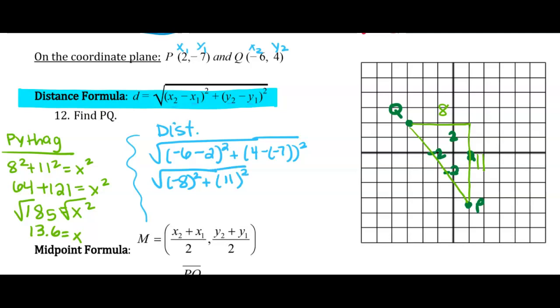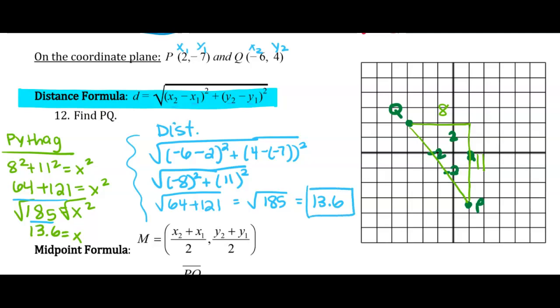So you can see the -8 and the 11 come from the lengths of my triangle because that's the distance that they went. Squaring a number always gives a positive, so we get 64 plus 121, which was right over here. And then we're left with the square root of 185, which was right here. So that equals 13.6.